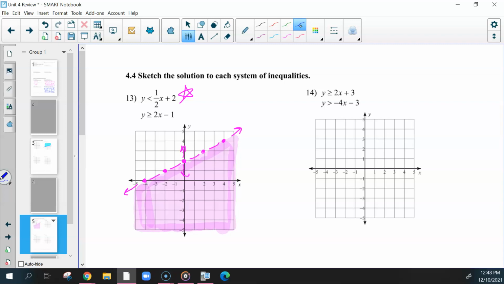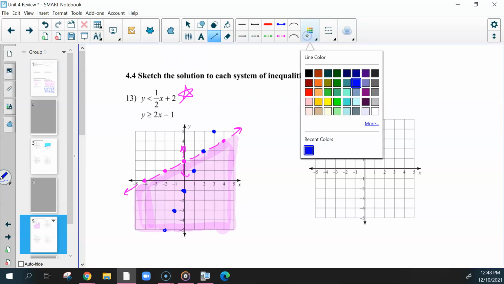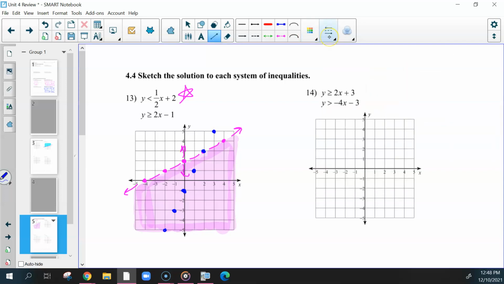For the other one, we would have a y-intercept at negative 1 and a slope of positive 2, so we go up 2 to the right 1 as many times as possible, and down 2 to the left 1 as many times as possible. This one would be a solid line. This one would be shaded above because it's greater than.